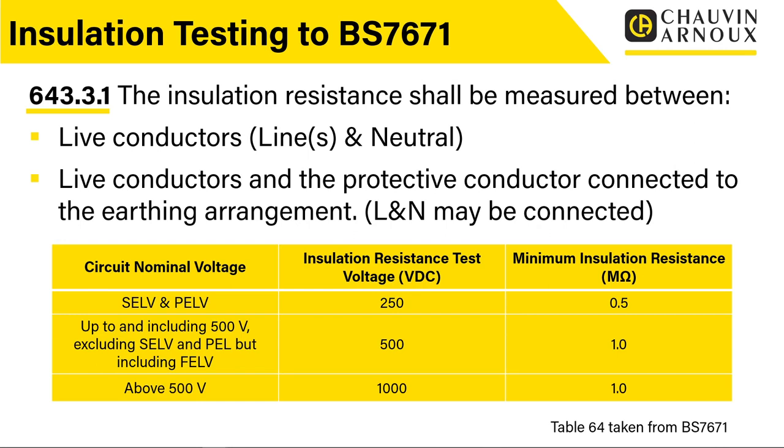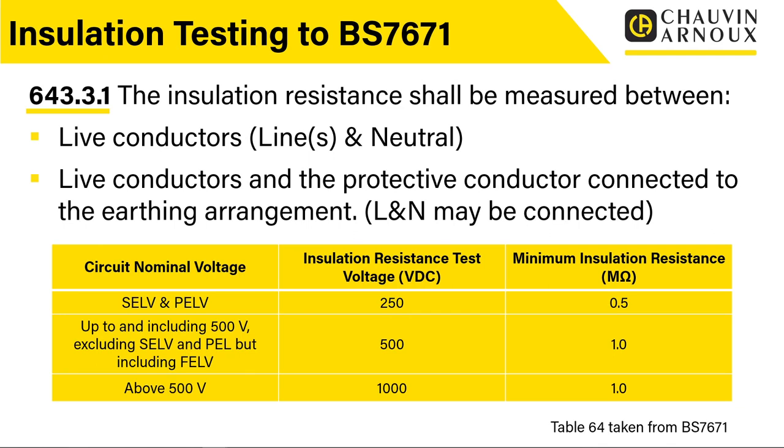There's different guidance a little bit on there. We may talk about that a little bit in the next webinar about the testing of PV systems. So it's quite rare, there's not many circuits that fall into this bracket. But anything above 500 volts would be tested at 1000 volts DC, and it still has to have an insulation resistance value of 1 million ohms or higher.